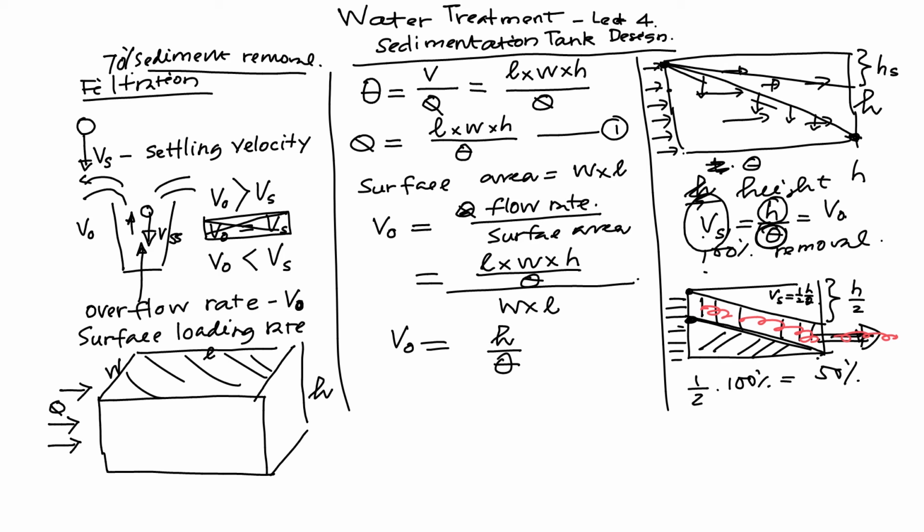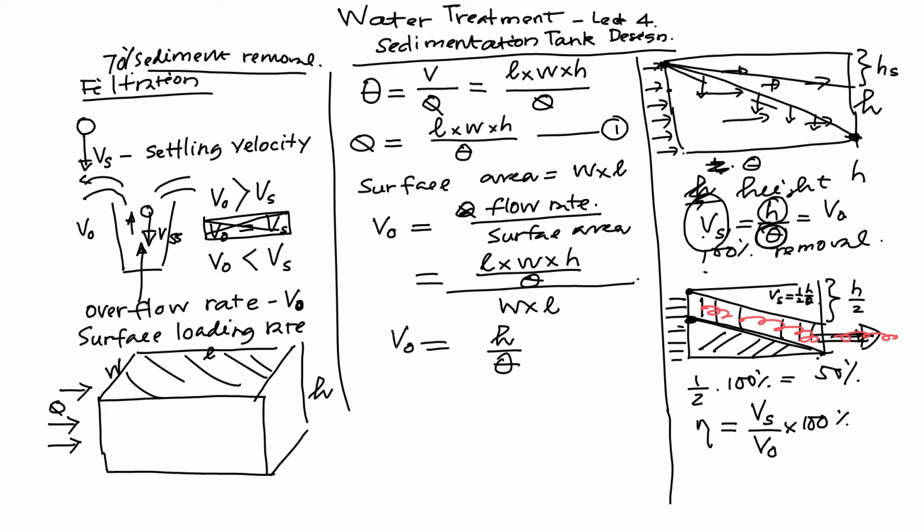So therefore we can easily say that the removal efficiency, eta, is given by the particle settling velocity, Vs, divided by V naught, times 100%. Here Vs was half, therefore you get half the efficiency.